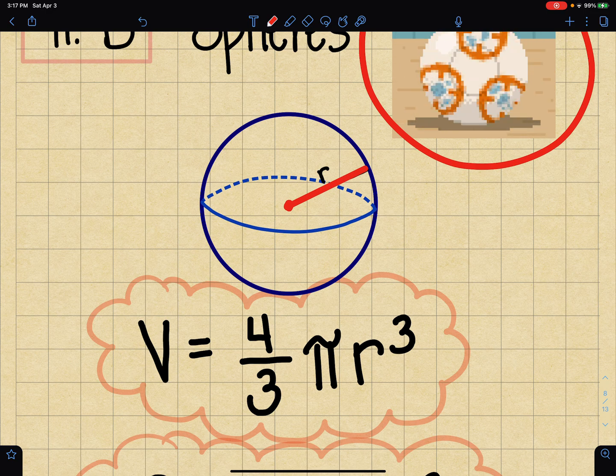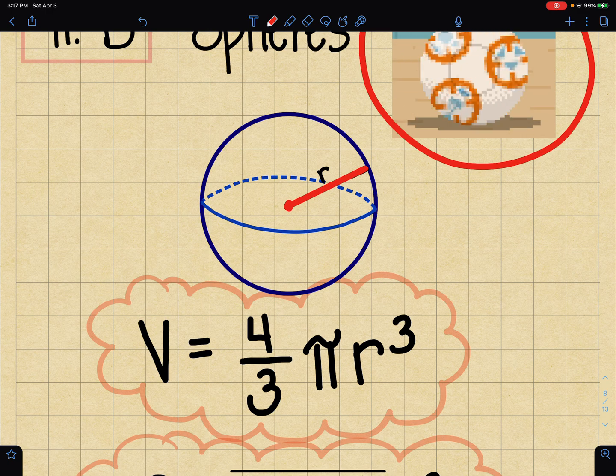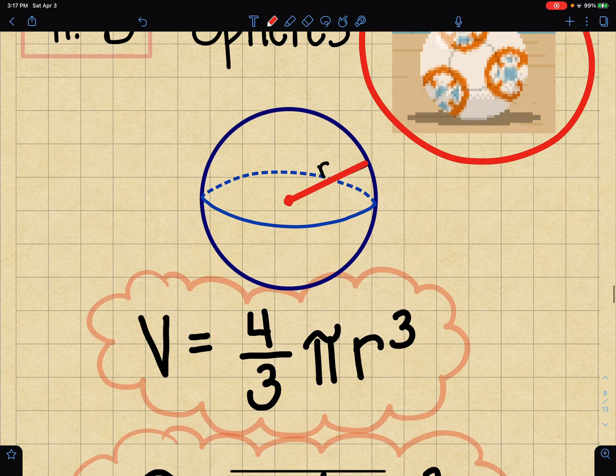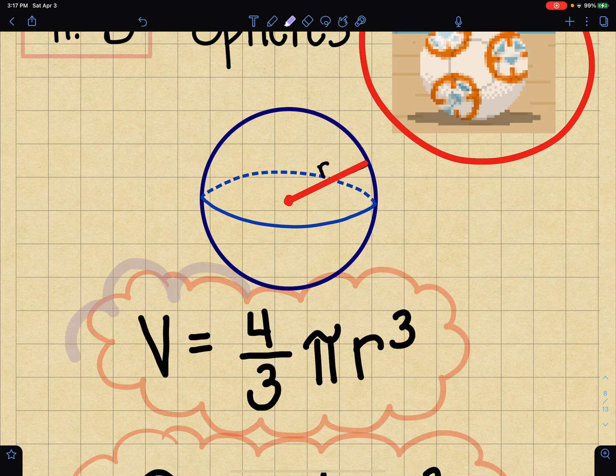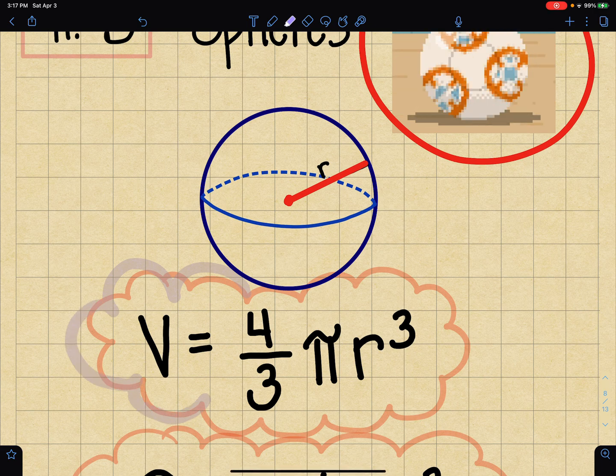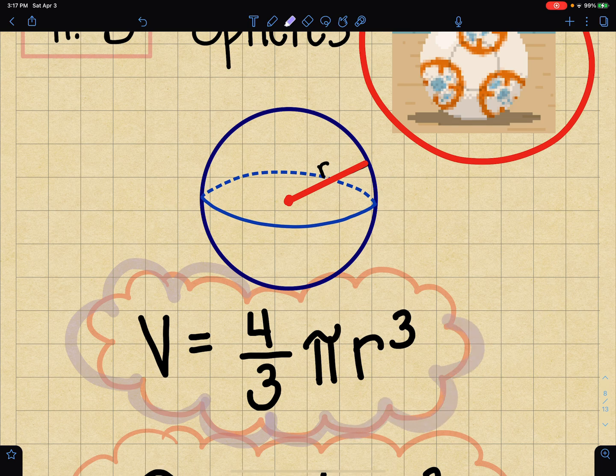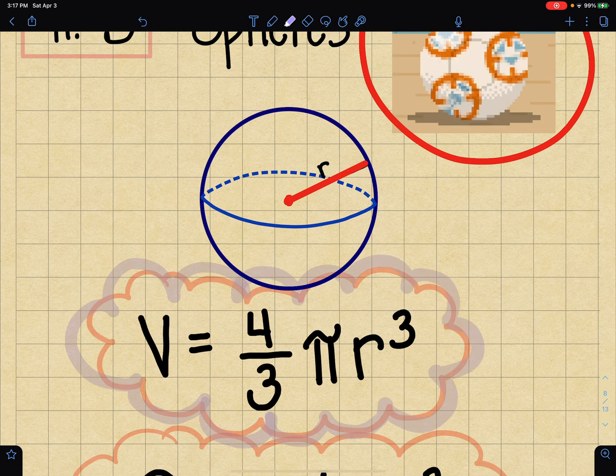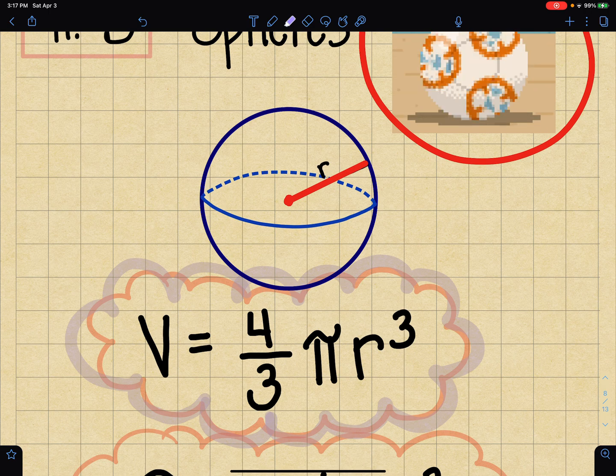Okay, now, 2 more important equations that you need to know about spheres. The first one is volume. This you must know. So lock this into your brain. Volume is equal to 4/3 pi r cubed. So really, if you want to know the volume of any sphere, all they have to do is give you the radius.